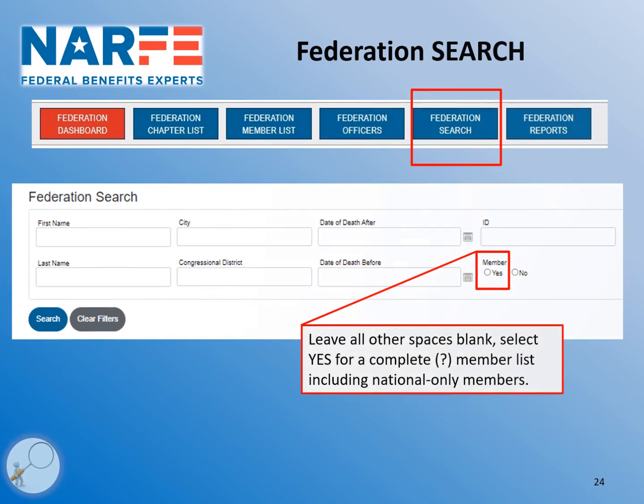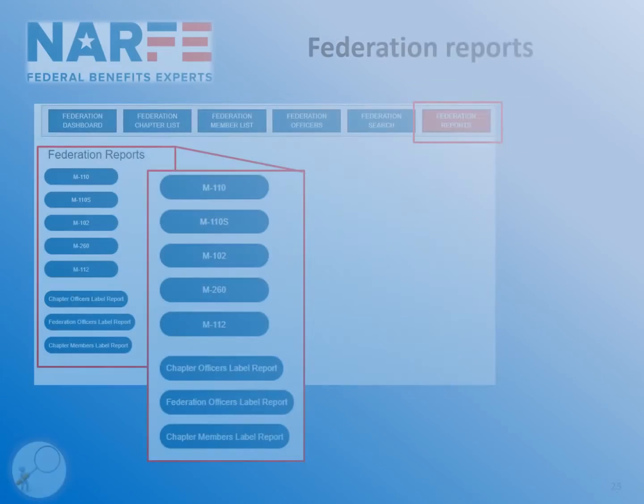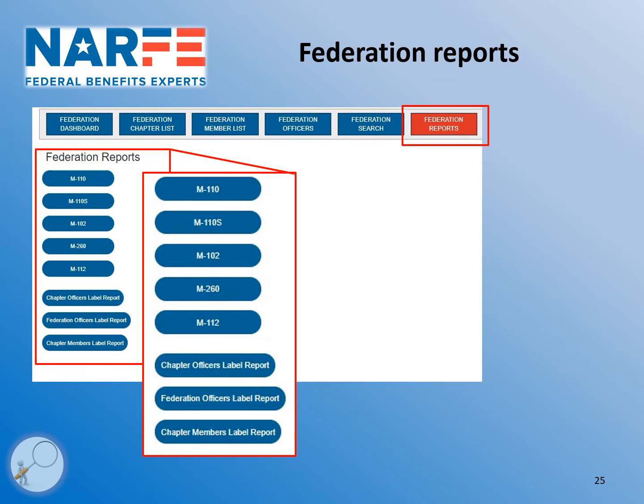The final button is for Federation reports. Among the reports are the M110, the M110S, the M102, M260, and M112.